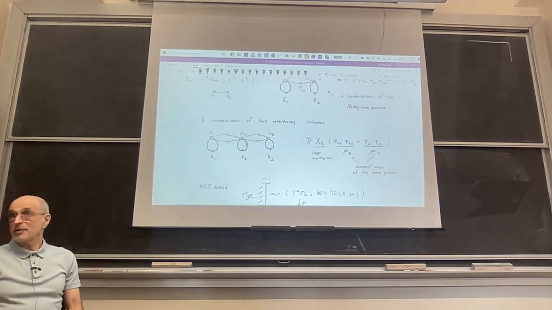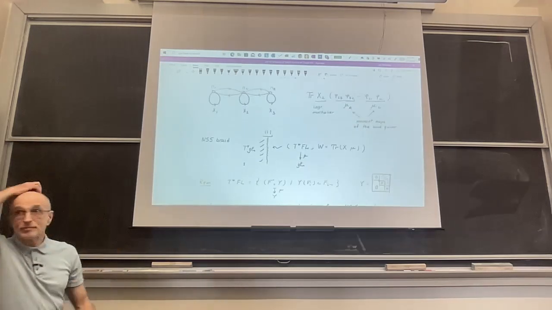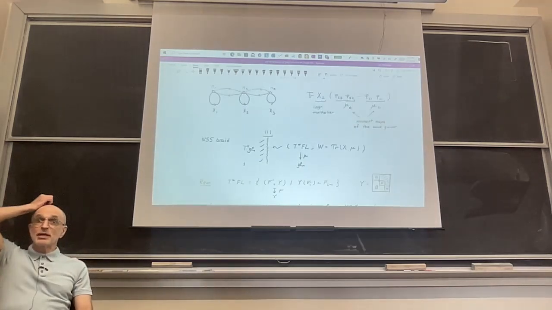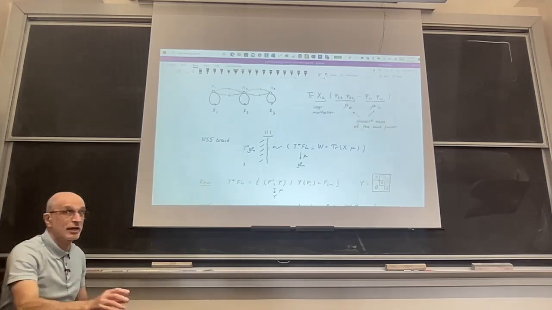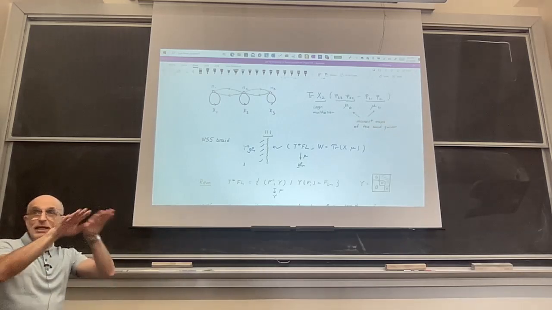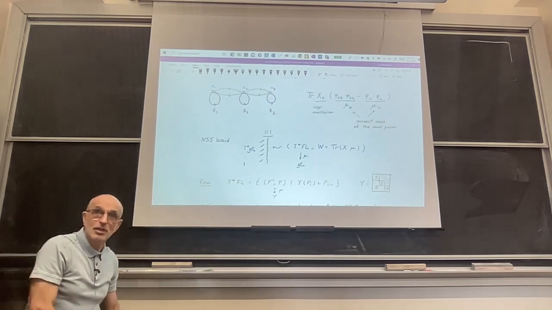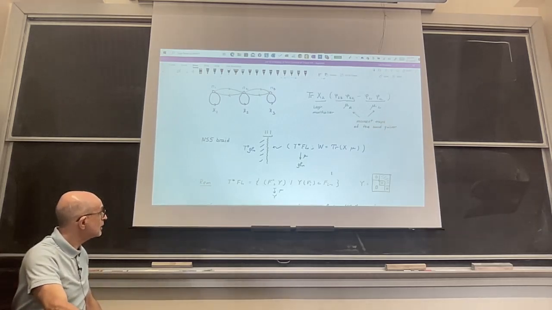Generally speaking, it's a partial flag variety. The dimensions are determined by the jumps in the number of pancakes on the sides of each interface, and the matrix must be nilpotent.